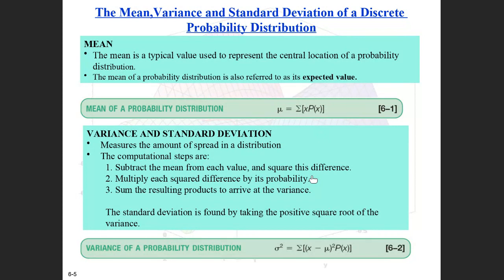This is exactly the same as done before, except this is for a discrete probability distribution. Here sigma squared equals the sum of (x minus mu) squared times the probability of x, which gives you the variance. You take the positive square root of it, and you get the standard deviation.